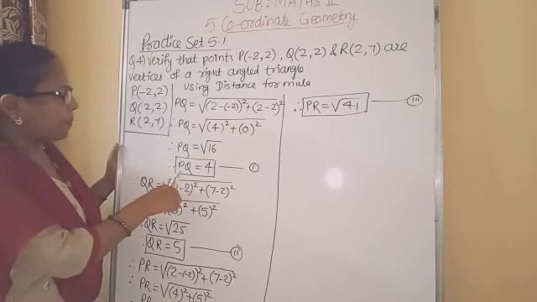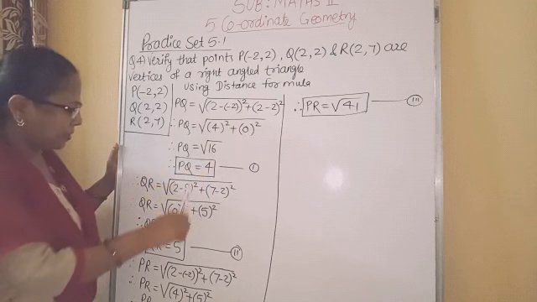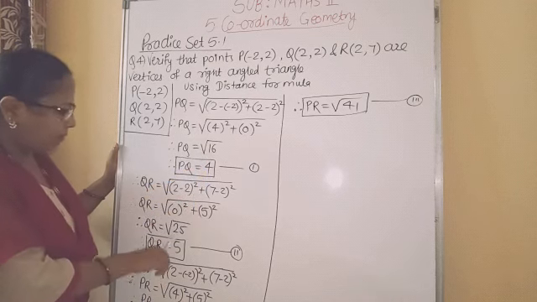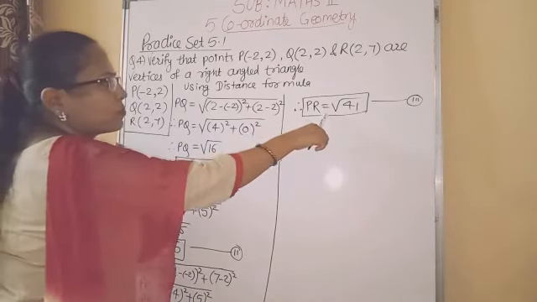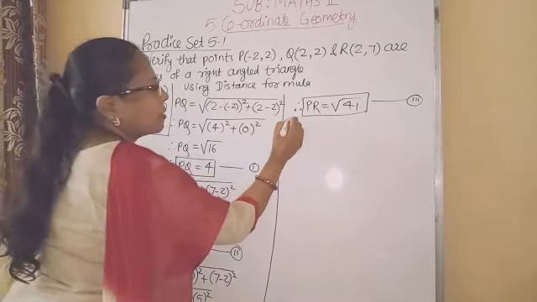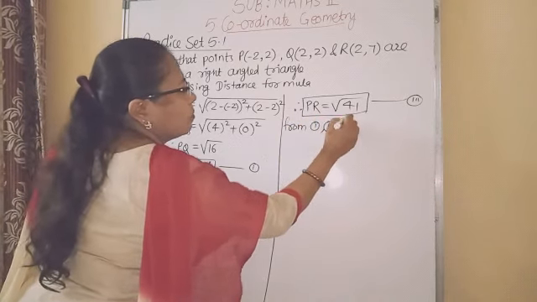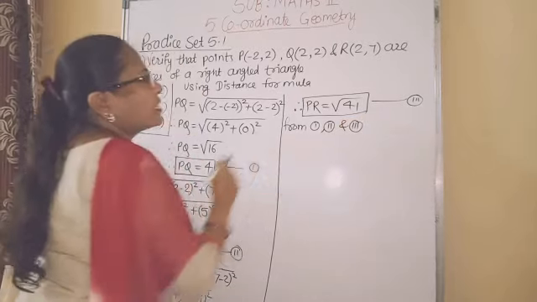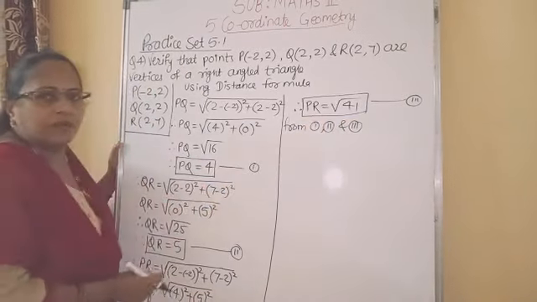Okay. Now here PQ is equal to 4, QR is equal to 5, and PR is equal to square root 41. So from 1, 2 and 3, which side is greater? Root 41.